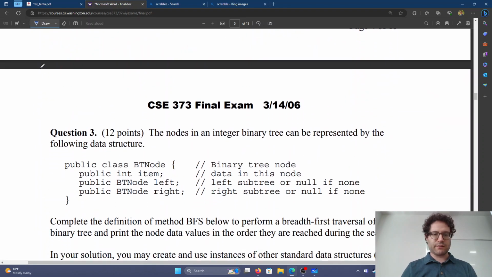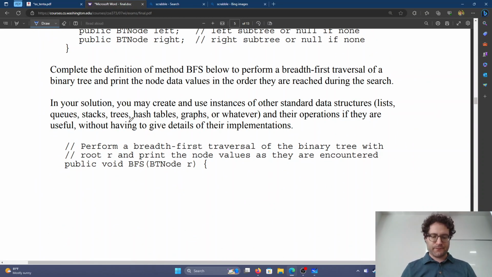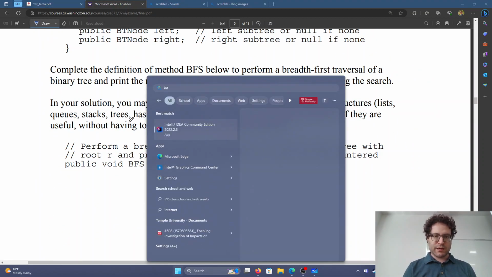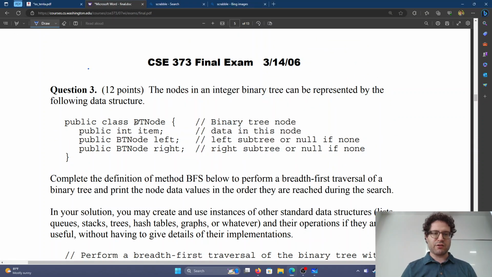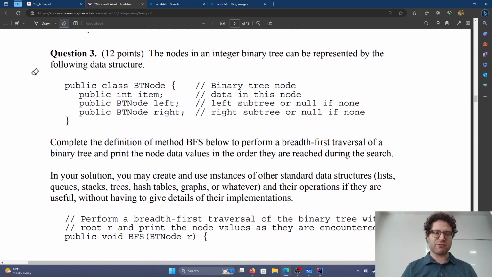So this one, IntelliJ, I'll go ahead and post it up. So it says, here is your node. Notice that they didn't go over generics. They just simply used integers for their items that they were storing, which is perfectly fine. But I like to do that emphasis of generics since they're useful.